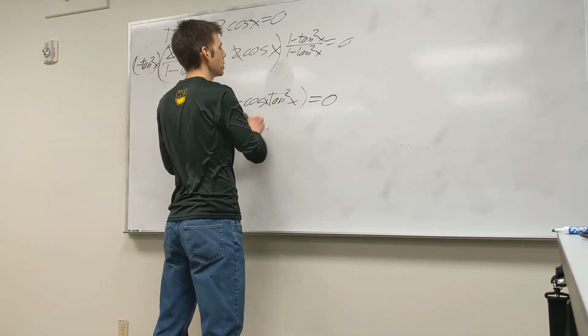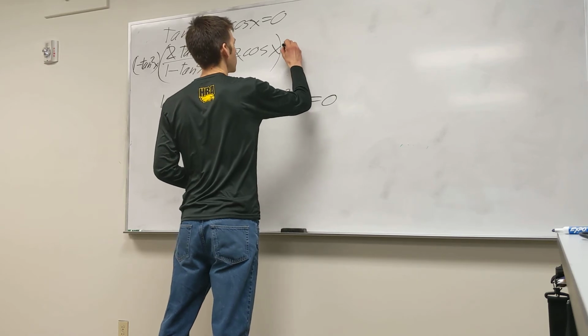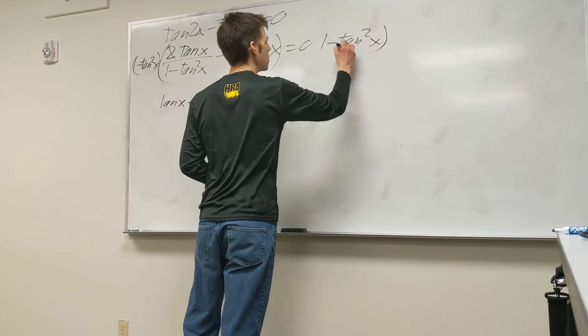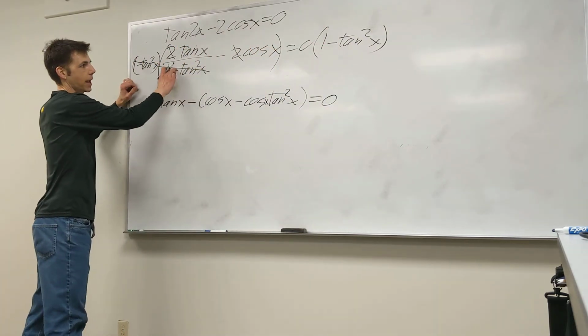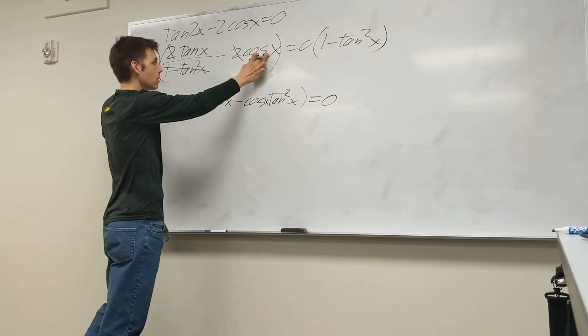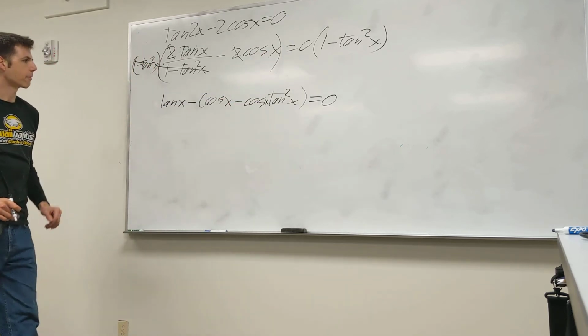So if I totally ignore what I did there, that cancels out, and I'm just left with 1 minus tangent squared x times cosine x, and that's equal to 0. Now what do I have?